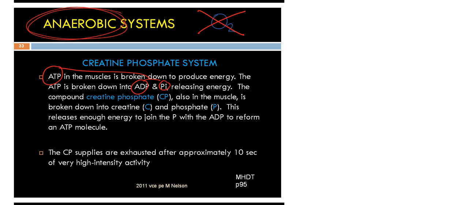So if we look at it with respect to a diagram, if we have one adenosine and we have 3 phosphate, which is our ATP, adenosine tri meaning 3 phosphate, we have a phosphate here split off, which means that we have left an adenosine, 2 phosphates, which is adenosine diphosphate, or ADP, so di meaning 2.